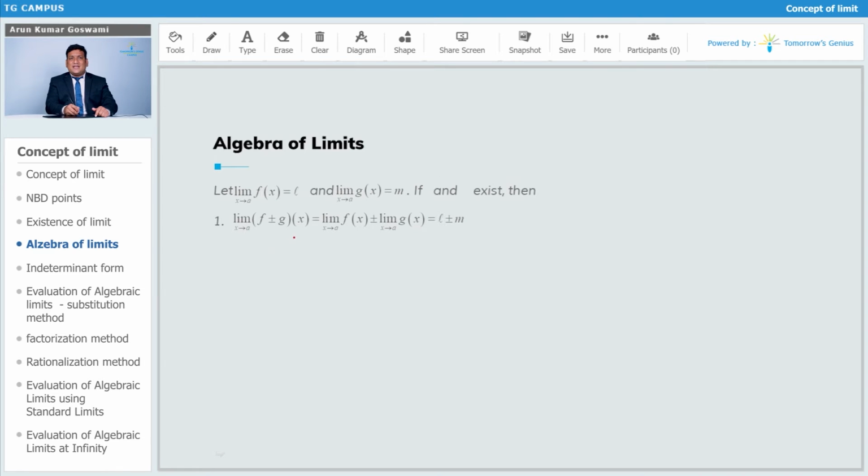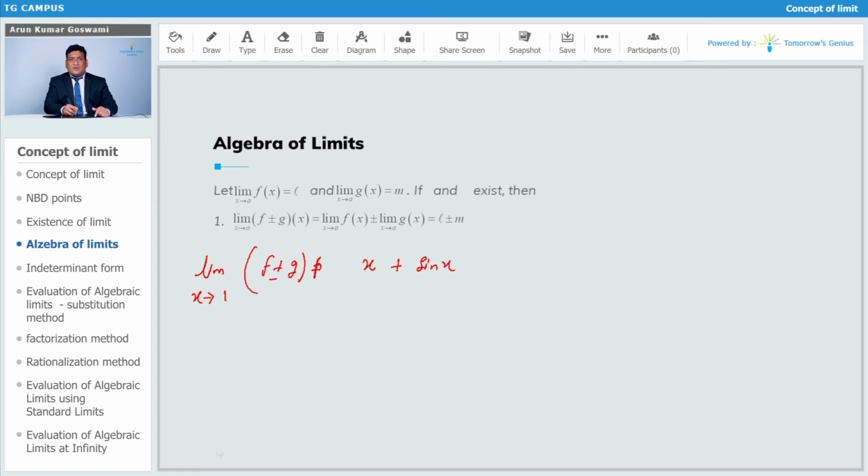So if I take the example here as my function, f plus g, and we can take plus minus both. My function is given as x plus sine x. If I say limit x tends to 1, what will happen in this case?